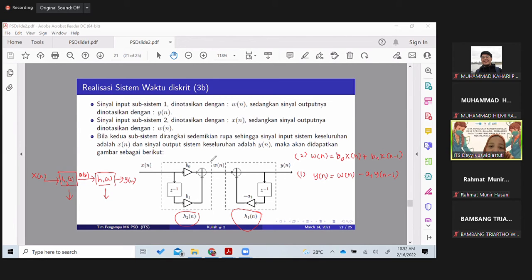So it doesn't matter if you change the order of the systems. You change the order, so the systems will be like this: H1n first, then H2n.